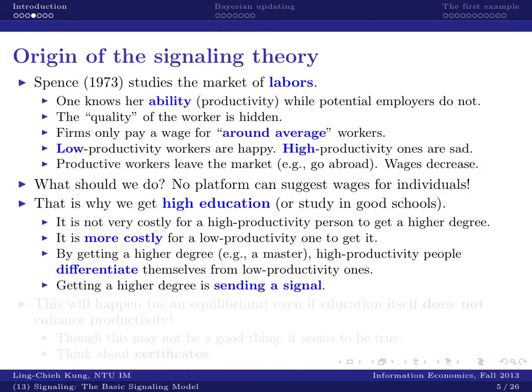So in that case, getting a higher degree is sending a signal to those employers, telling them that I am good. Yeah, I am productive. Other guys are not, by getting a high degree.